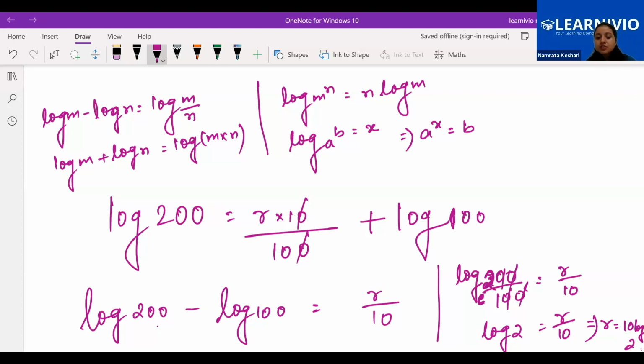Oh yeah, in the question it is given. Can you see? Yes, ma'am. You can see it is given that e to the power 0.5 value. When it is given, then we will be putting the value. Otherwise, how would we know? Log 2 value we don't know. If it is given along with the question, then definitely we are supposed to put it. Okay. So let's substitute it.